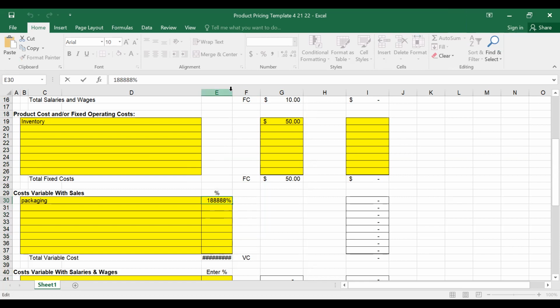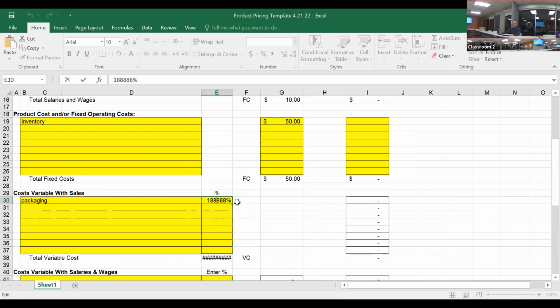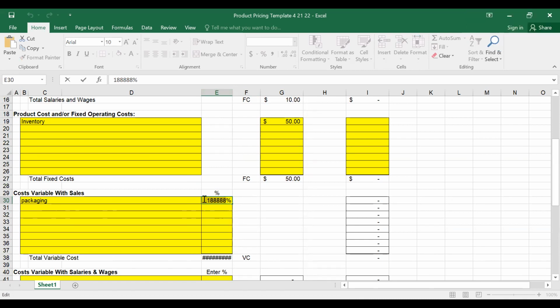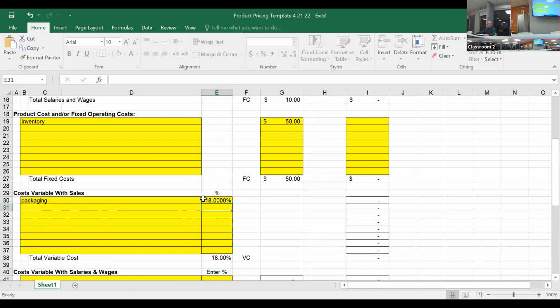But I think you might just need to type. Yeah, you can see that here. I don't know why it's showing up more than 18%. There we go. Okay, 18%.